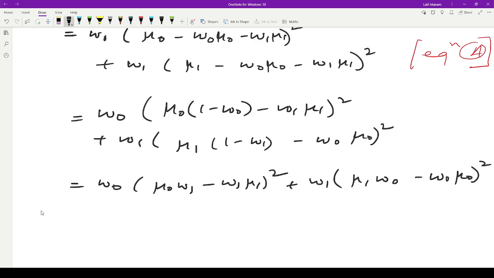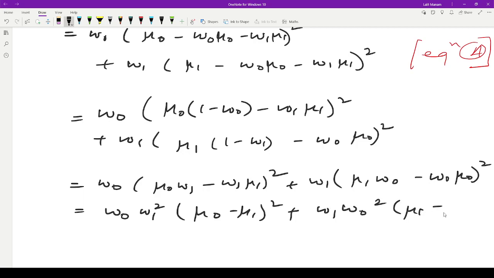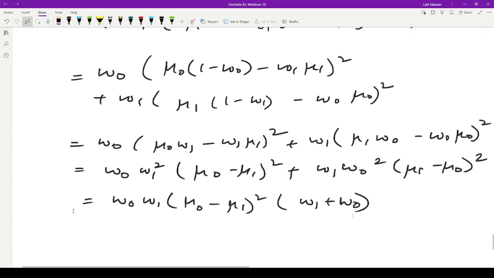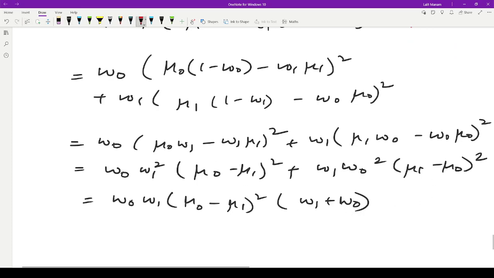square. Okay, so what does this lead to? W0 W1 square into mu1 mu0 minus mu1 whole square plus W1 W0 square mu1 minus mu0 whole square. So if I take this as common, minus mu1 whole square, W1 plus W0. So we know that these two sum to 1.